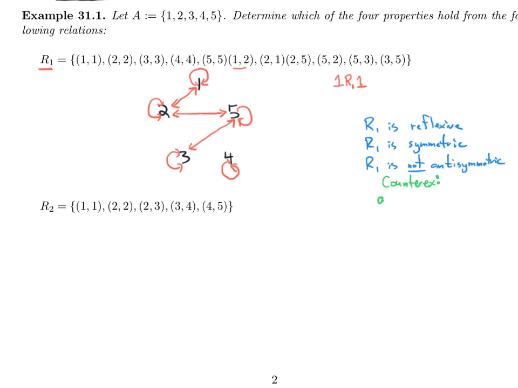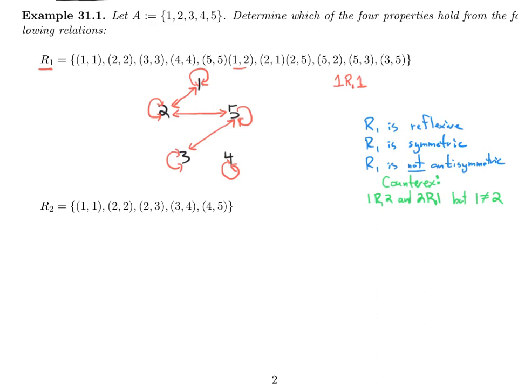So we can just say our counterexample here is, let's write it like this instead. Let's say 1 is related to 2, and 2 is related to 1, and I should say under relation R1, but, of course, 1 isn't the same element as 2. So there's our counterexample.